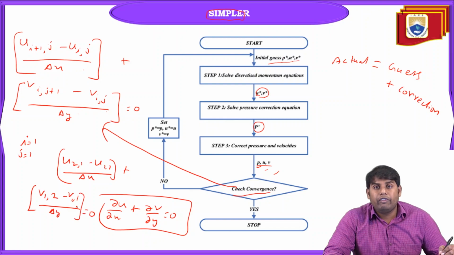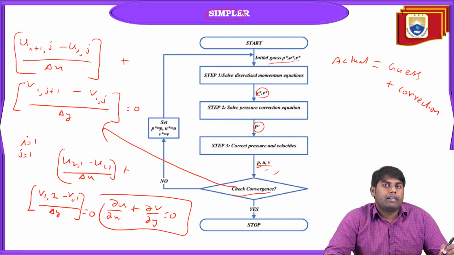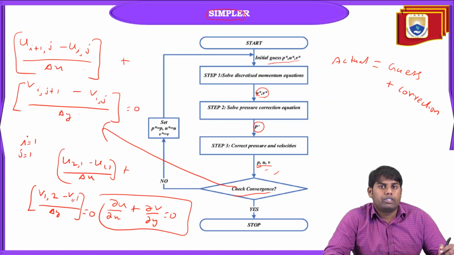So these values we will substitute there. When it is equal to 0, it is even less than 1e minus 5, 1e minus 6. But in numerical simulations, we always have error. Where is that error coming from? The error is called truncation error.